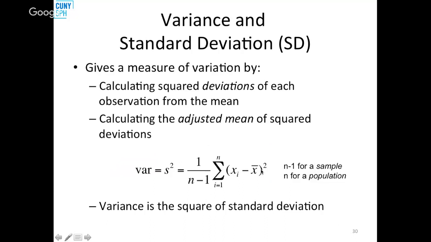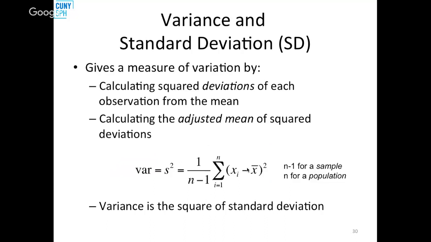It's the deviation of each observation from the mean, summed over all the observations. And then I'm dividing here by n minus 1, which is a little bit of a tricky thing, because when we did mean, it was just divided by n. So it's not quite the average squared deviation.